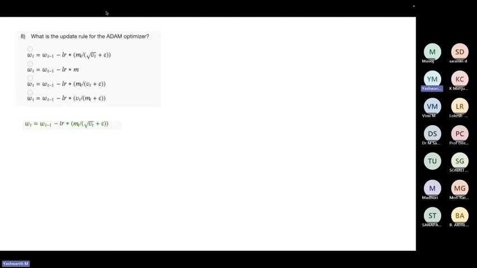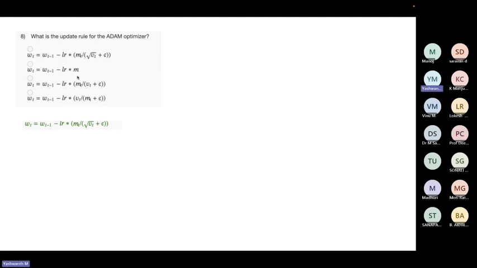Let's move on. What is the update rule for Adam? As I said, Adam is a mix of both momentum and AdaGrad style. The AdaGrad style scales your gradient by the norm of the gradient, that is the square root of v t.